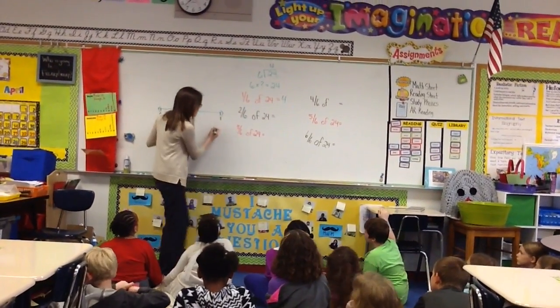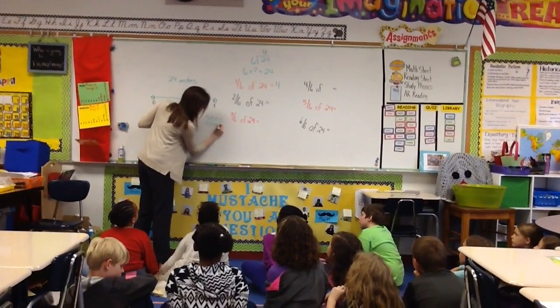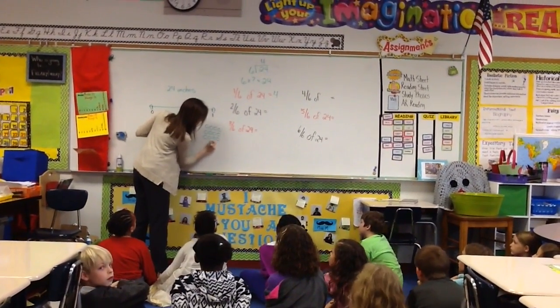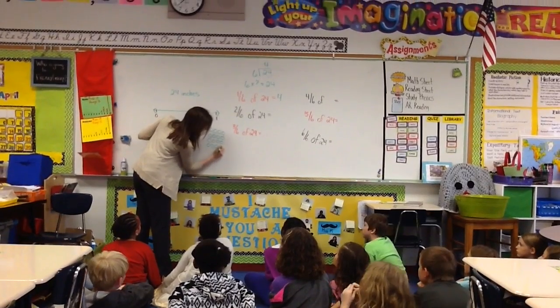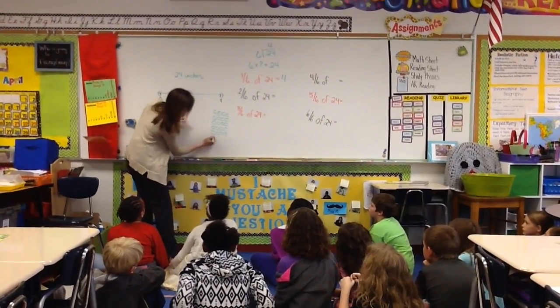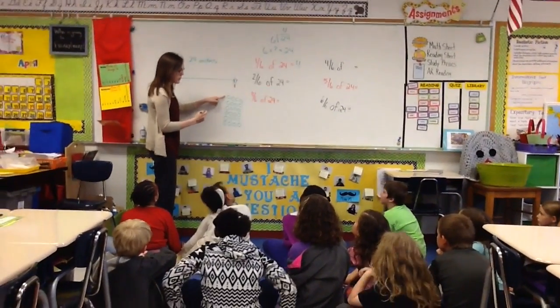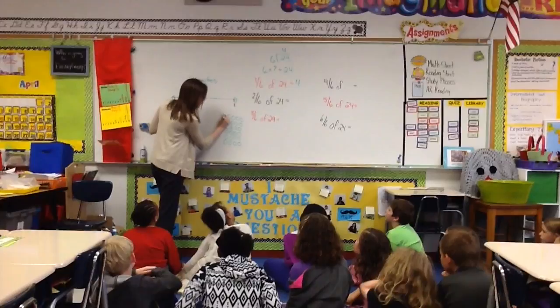In each of these groups, watch this. Here's my candy, all 24 pieces. Oh man, that's a lot of candy. 4, 8, 12, 16, 20. I need 4 more. I gave one group, 1 out of the 6 equal groups, to Eddie.